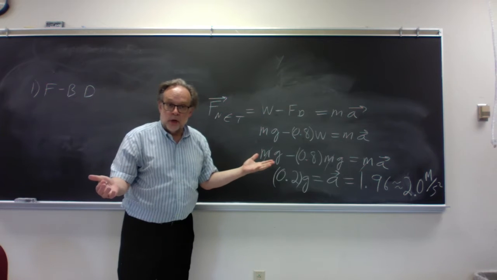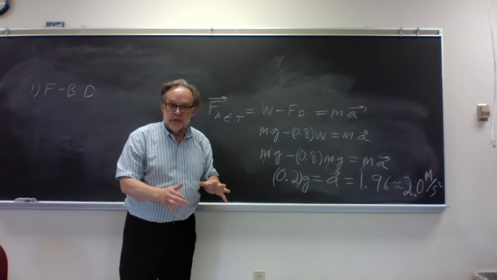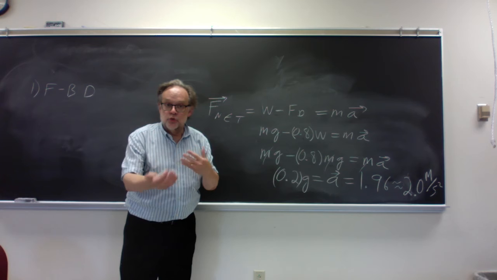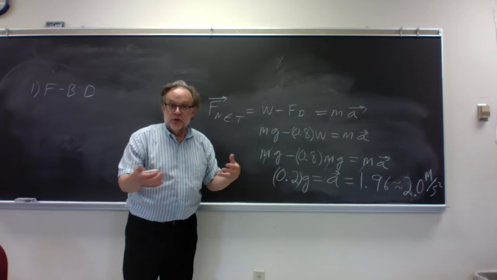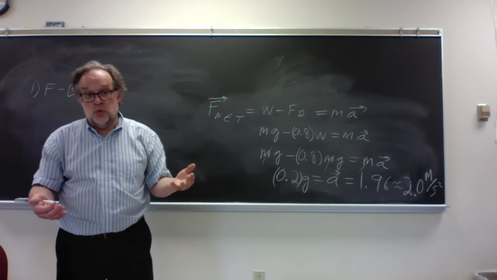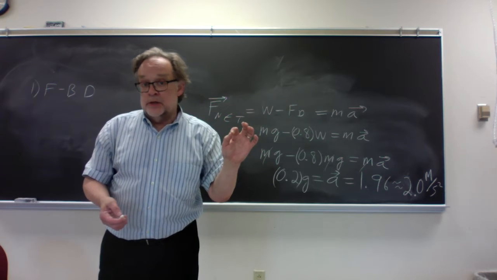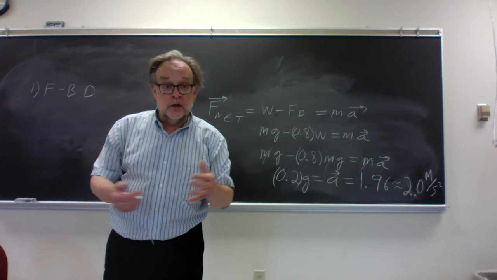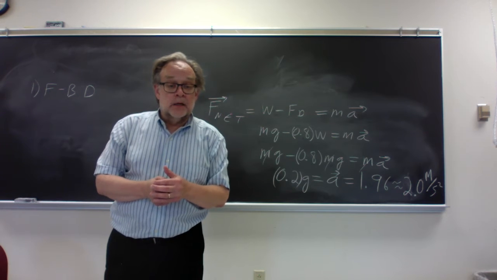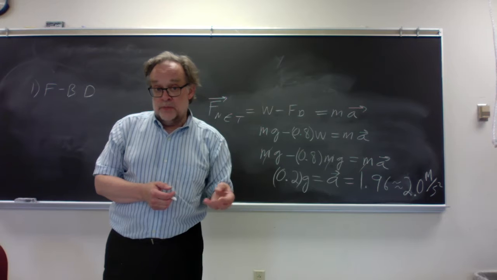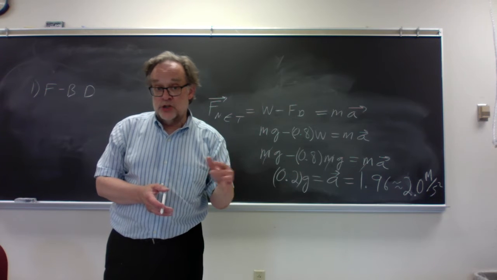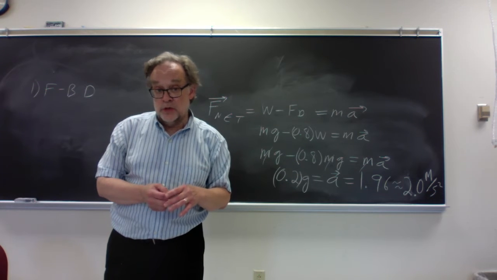Draw a free body diagram to identify all the forces and the directions of those forces, and identify the direction of the net force, if there is one, or state clearly that there is no net force if that's the case. And then write down something that shows what's the positive direction and what's the negative direction of your coordinate system.